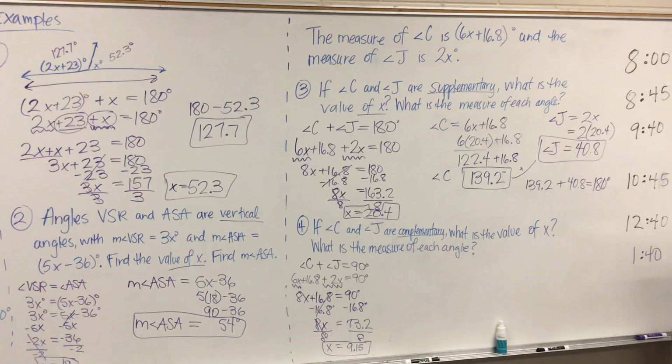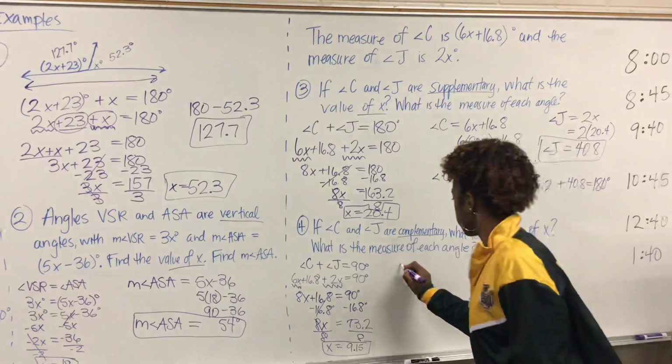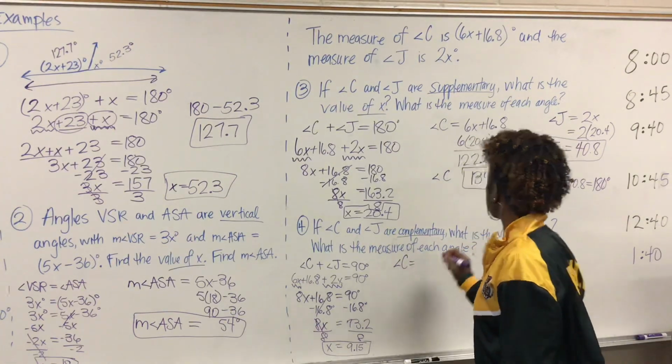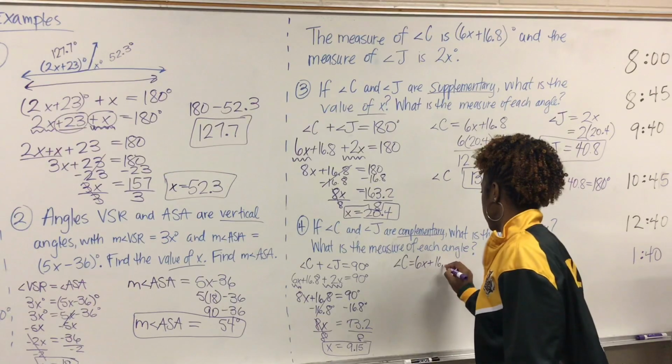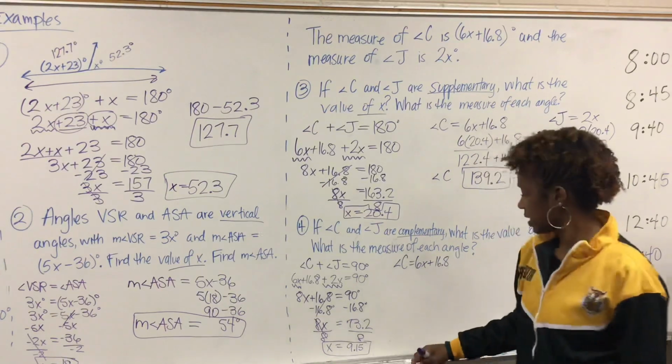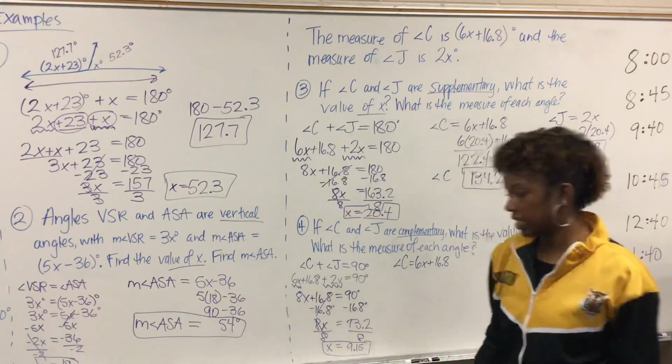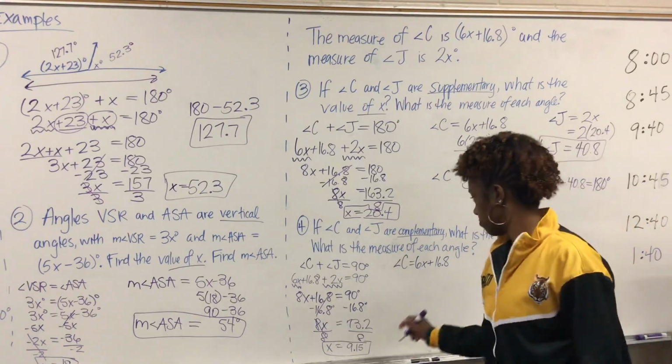Just as we did up top, angle C equals 6x plus 16.8. We're going to plug in our answer, 9.15, for x.